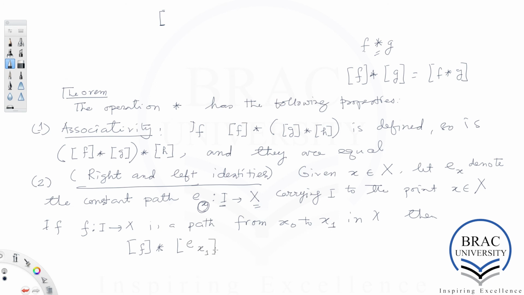Here e sub x1 is a function from I to this single point x1, the singleton x1, where x1 belongs to X. What does it mean in terms of path in X?